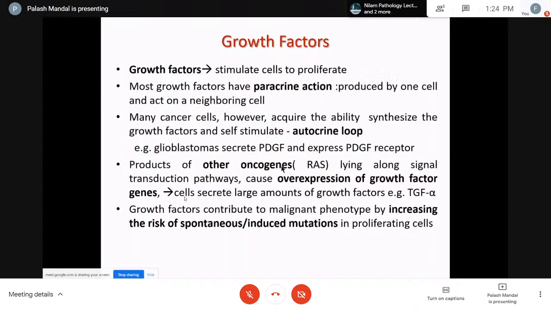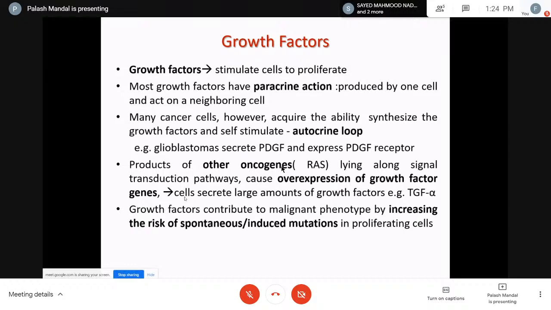Okay, so basically there are a host of genes which are involved at various stages of cell cycle. There are some growth factors, there are some receptors, there are some transducing proteins, regulatory proteins, so on and so forth. So each one of them may be mutated, and each mutation may lead to a particular type of malignancy.